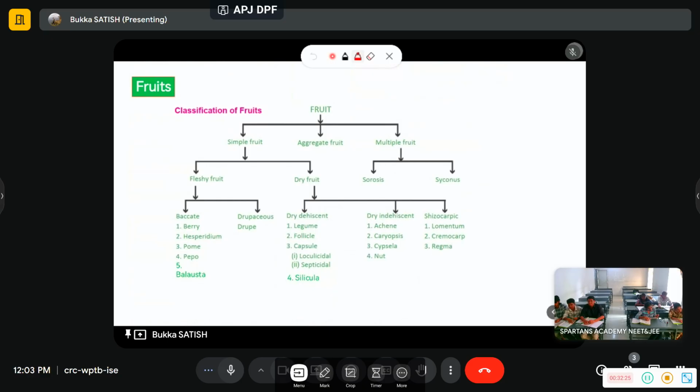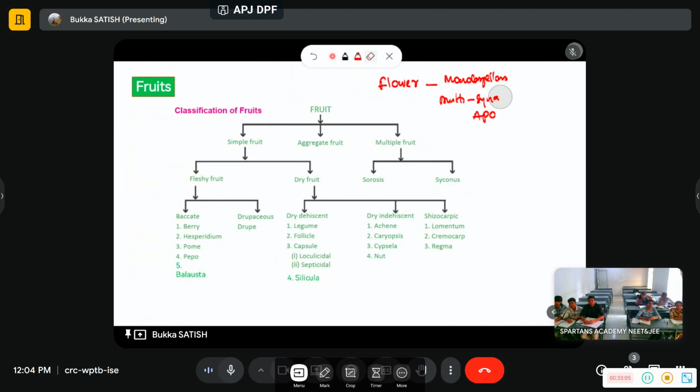Right. Now the detailed classification of fruits is not important, but at least you have to be clear with the initial level. Basically, fruits develop from flower. Flower consists of either monocarpellary condition or multicarpellary condition. In multicarpellary condition, again we have syncarpous condition and apocarpous condition.